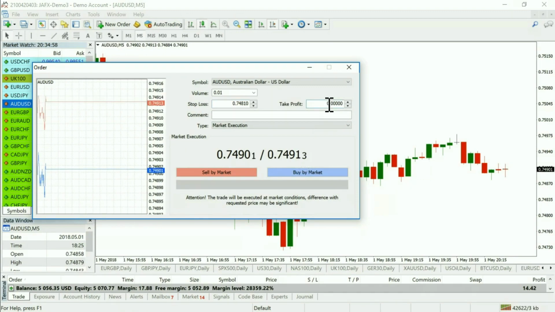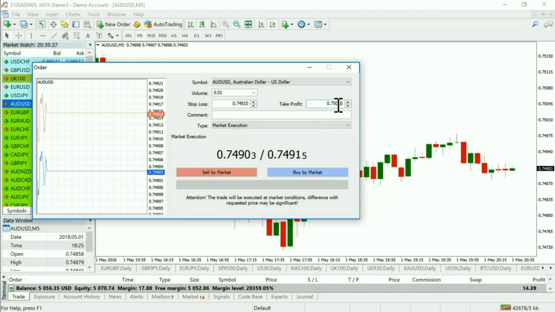But I'm also going to place a take profit. Just like drawing a line in the sand for a loss, we now want to use this type of take profit order to draw a line in the sand. So if the market pushes higher, then we want to book in the profit approximately 10 pips above the current price, 74.91.